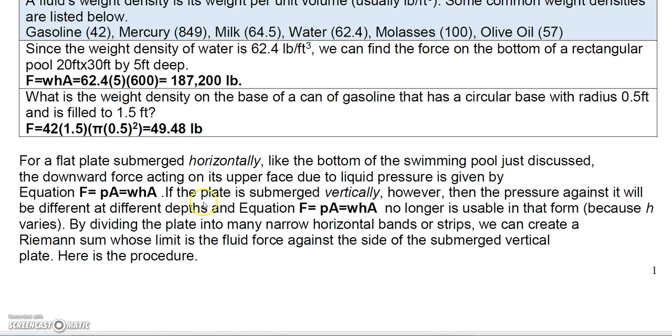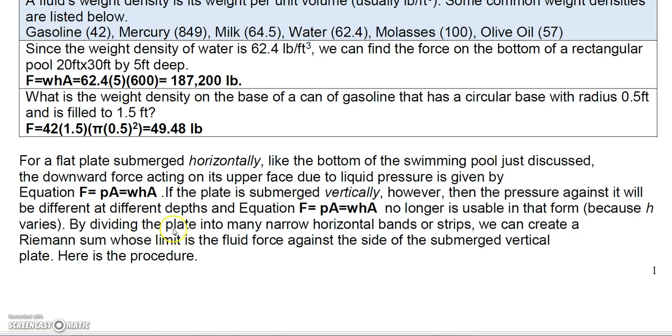Now, if the plate is submerged vertically, however, then the pressure against it will be different at different depths, and the equation F equals WHA is no longer usable in that form because H, the height, varies. So at different depths, the pressure on a vertical wall would be different.